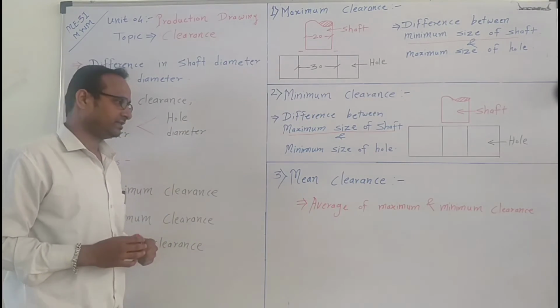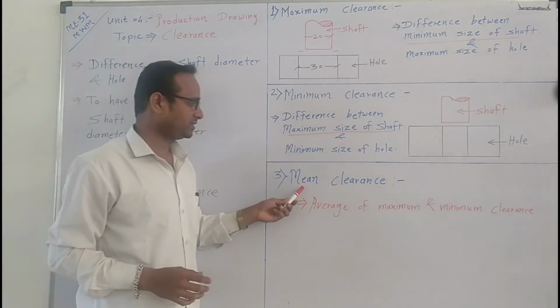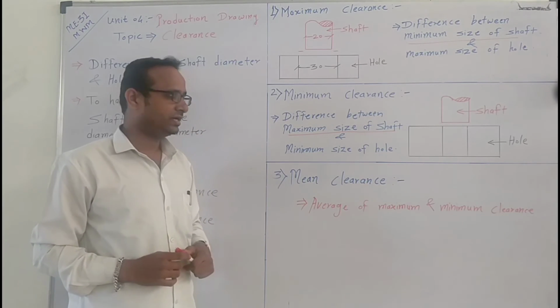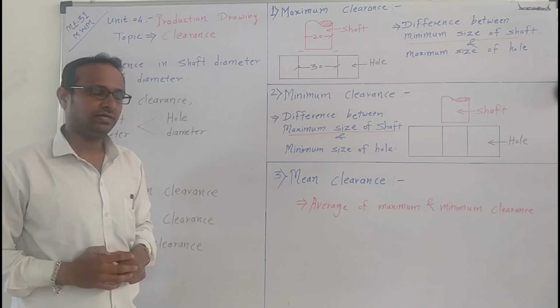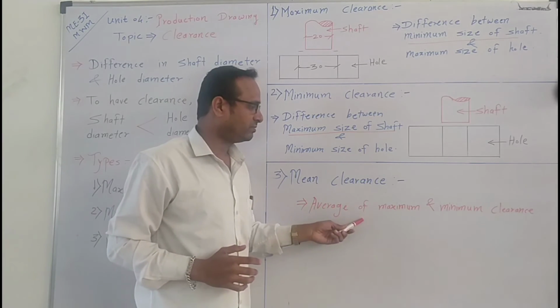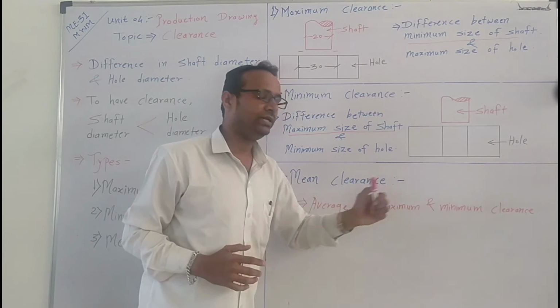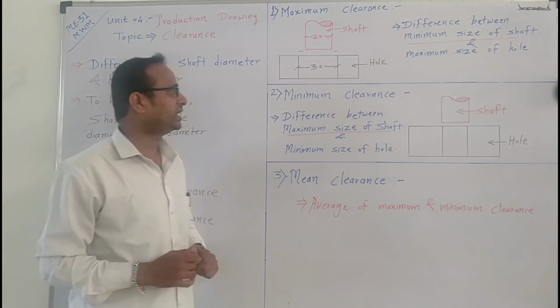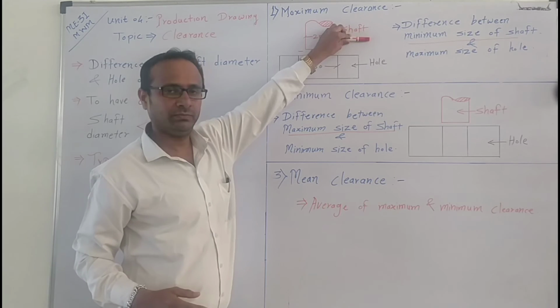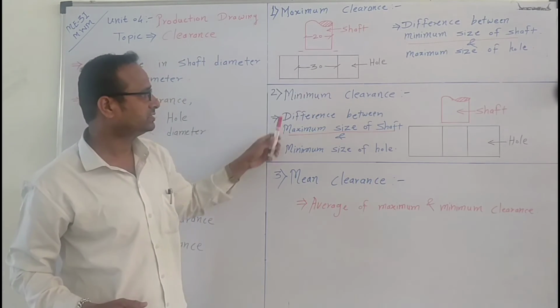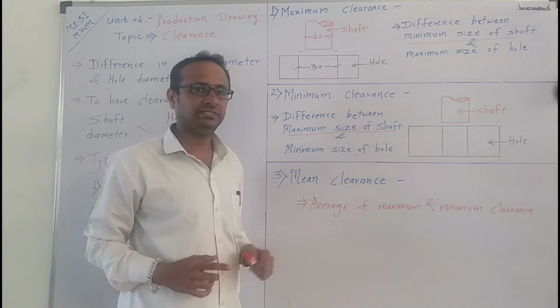Now let us see the third part, that is mean clearance. The definition of mean clearance is the average of maximum and minimum clearance. We know that in maximum clearance the shaft size is minimum and in minimum clearance the shaft size is maximum.